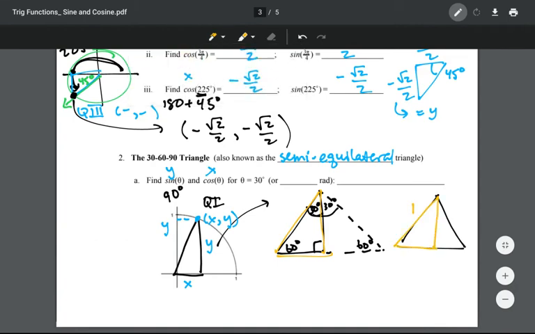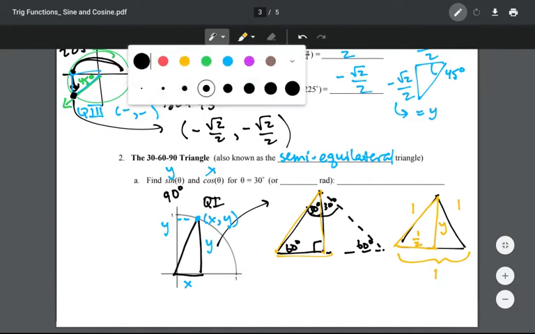Draw this in here. This also has length 1 because it's equilateral. And this is length 1, which tells me that this guy right here is 1/2. I just need to find the y coordinate then. So let's go ahead and use the Pythagorean Theorem to solve for this. Let me use a different color so you can see it a little bit better.